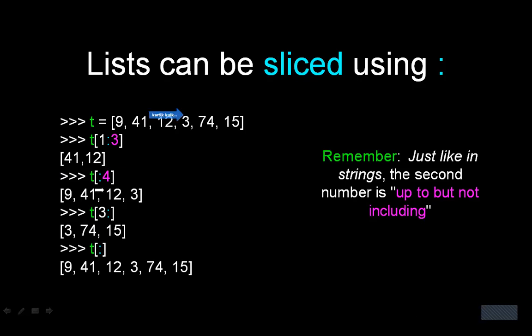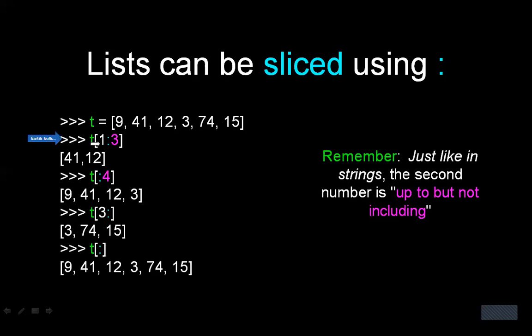The last index number that I have specified here is 4, so the element present at index number 4 will not be displayed at all. I am telling it again and again: whatever last index number you specify will not be included. Colon 4 means 0 to 3, one less than that.